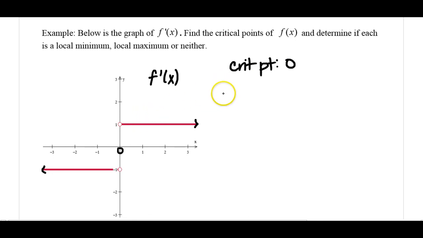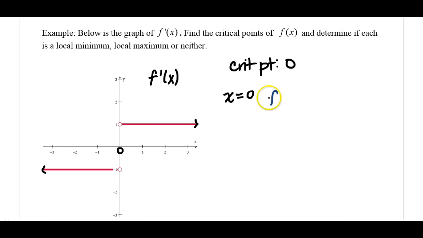So now I have to figure out, well, what's going on at x equals 0 as far as the sign of f prime of x. So on the left side of 0, as I move from left to right, the derivative is below the x-axis, the derivative is negative, and then right after 0, the derivative starts being positive again.